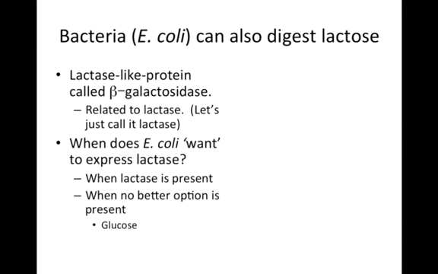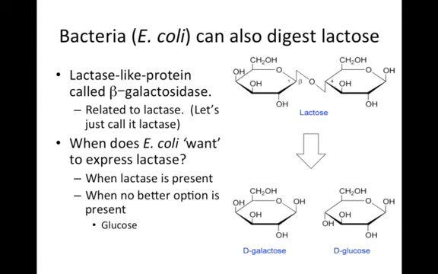So when glucose is present, E. coli doesn't need to digest lactose because actually glucose is a better energy source. And we can clearly see why lactose is an inferior energy source, because we can see right down here that glucose is produced from lactose. So if you already have the glucose, then why bother to do the extra step of digesting lactose to make more glucose?